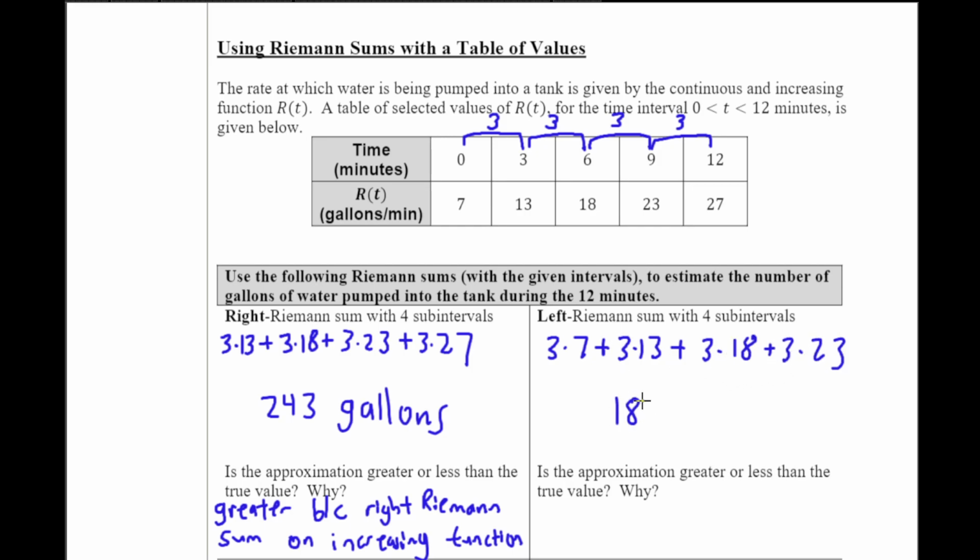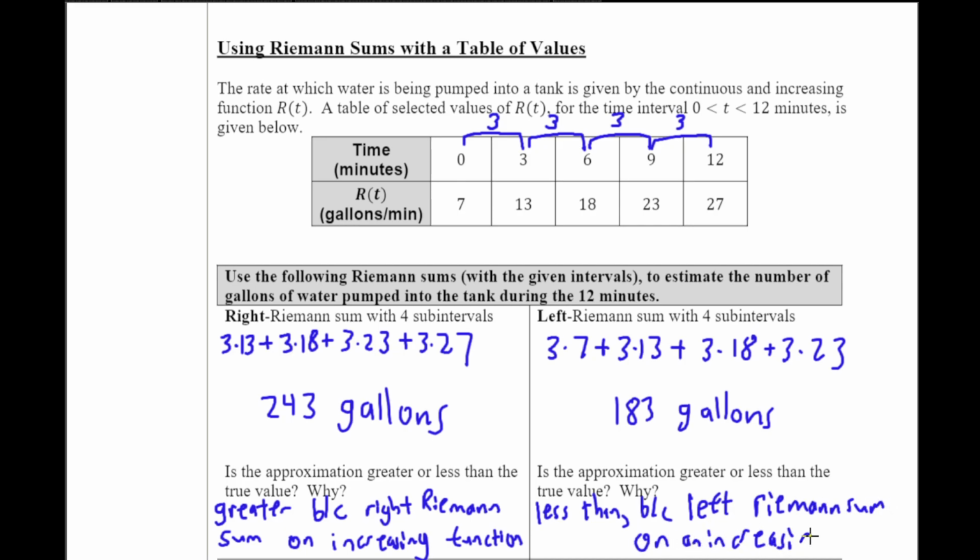The answer is 183 gallons. And this is less than because this is a left Riemann sum on an increasing function.